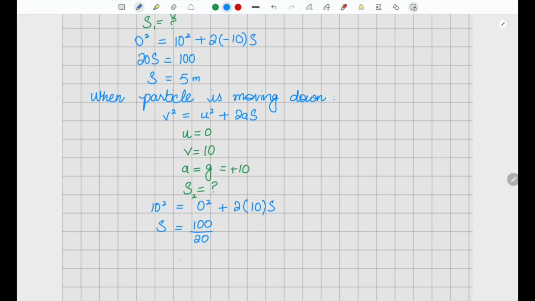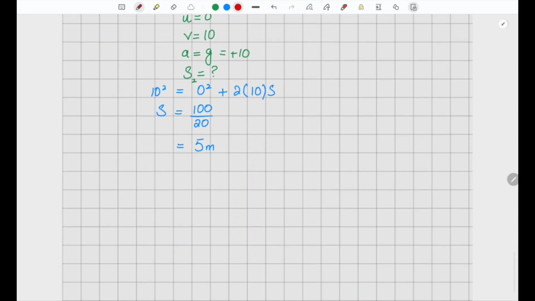So it is also giving you 5 meters, so that means 5 meters up and 5 meters down. So the total distance between the two velocities of 10 meter per second is 5 plus 5 meters, equals 10 meters.